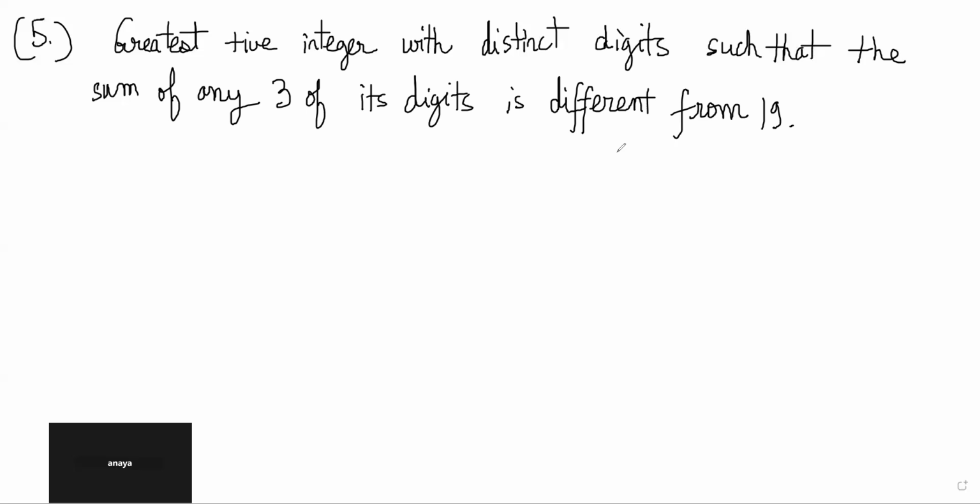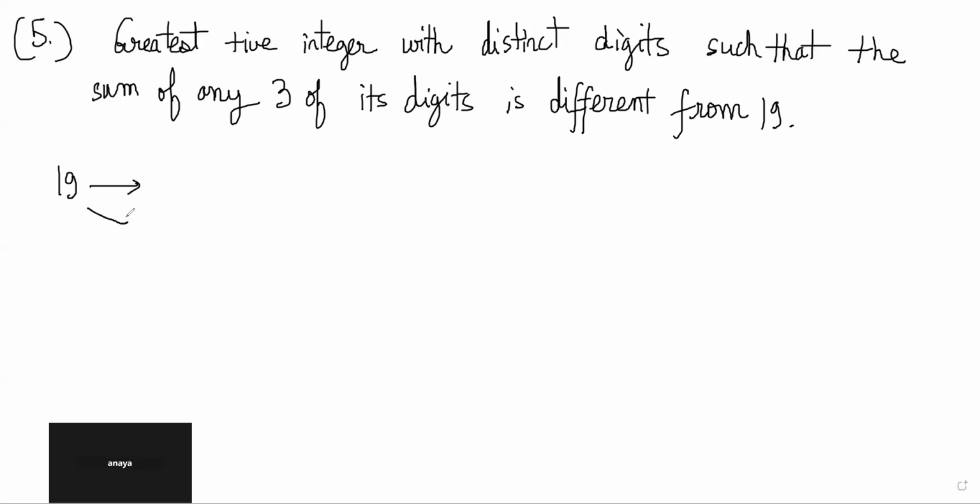Your answer is wrong. You have to think again. There is a number which is bigger than what you have chosen. First, you have to realize how many ways you can make 19 using three digits.